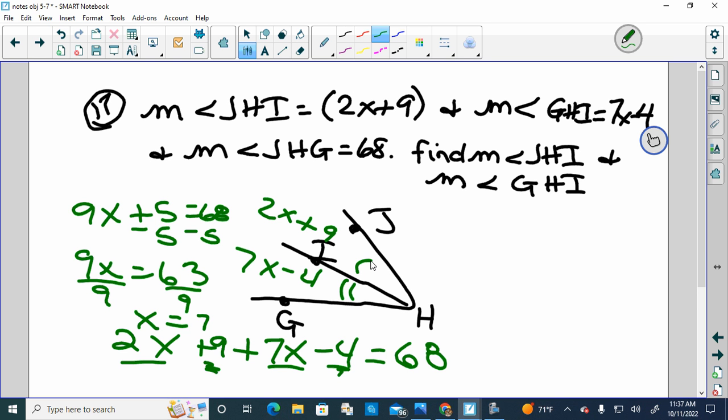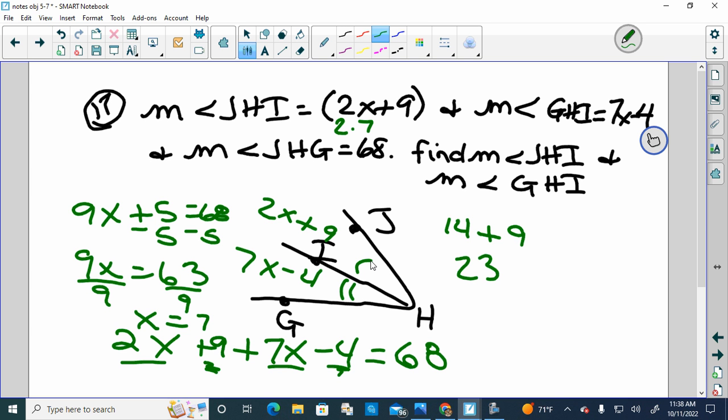They didn't want x. They want us to find JHI and GHI. So for JHI, if I know that the x is 7, I plug that in: 2 times 7 is 14, and 14 plus 9 would be 23.